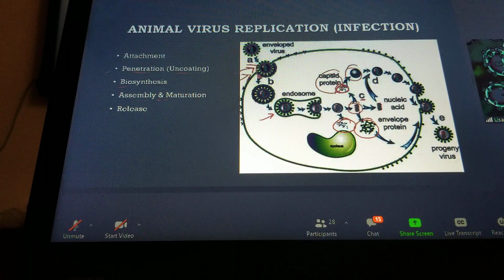So in assembly and maturation, here is our nucleocapsid with a copy of the virus genetic material in it. Down here, these viral spikes, remember, these viral spikes are going to be embedded in the envelope. They're embedded in the envelope, and the envelope comes from the cell membrane.